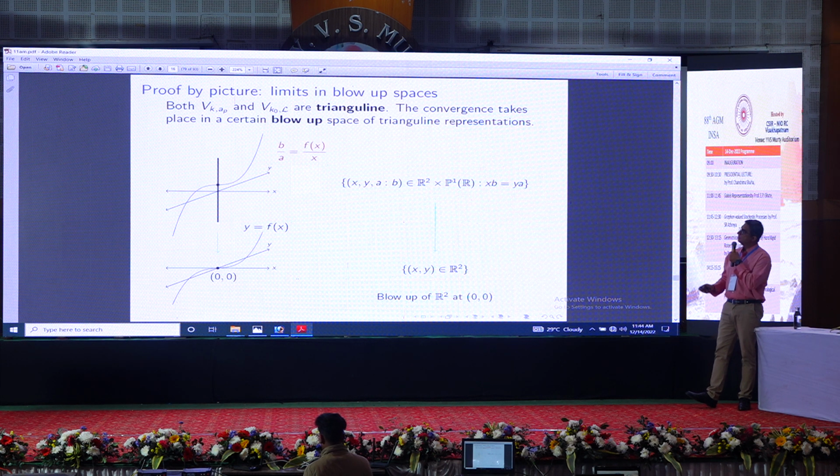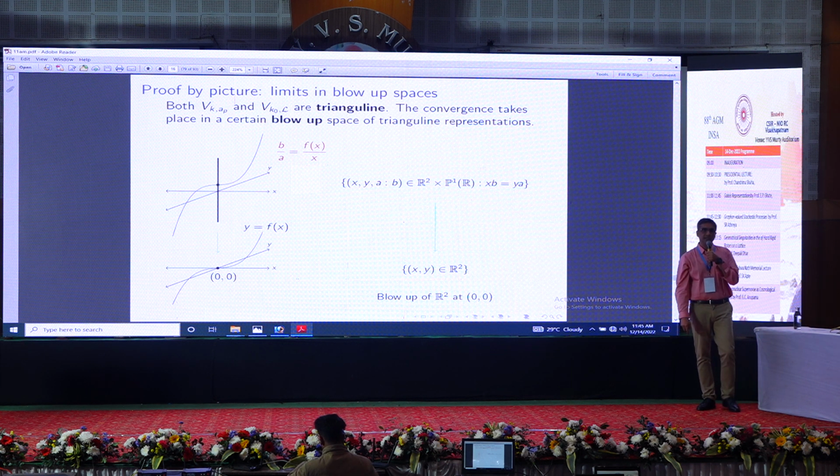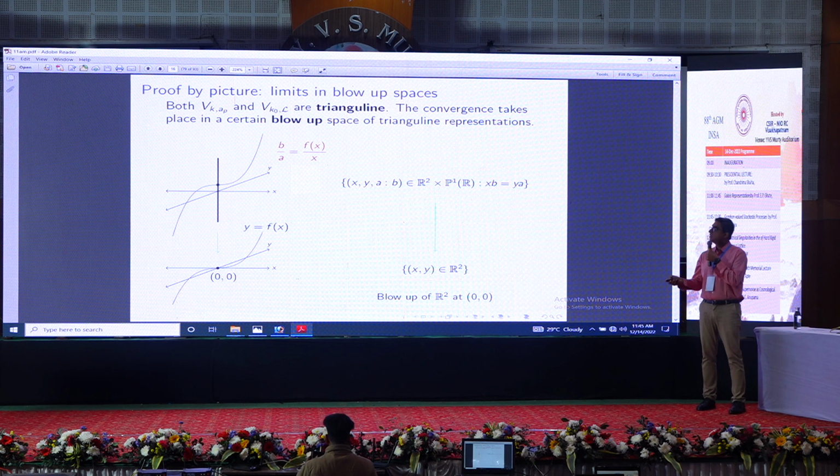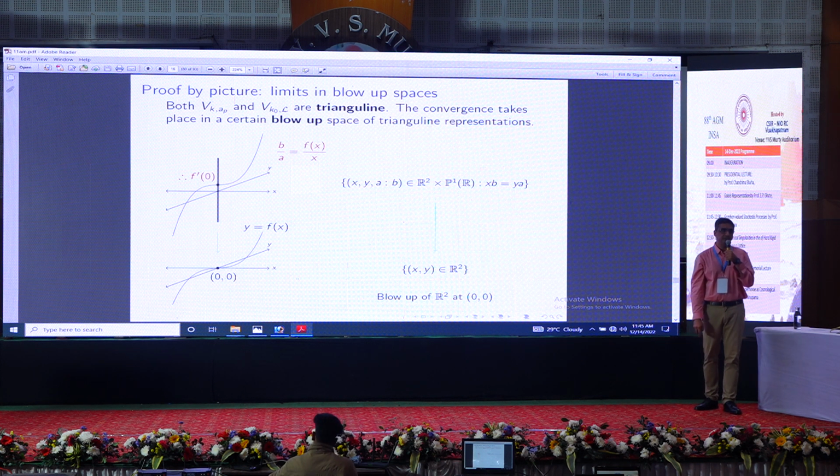What is that point? Well, we know that b over a has to be y over x by this equation. So in this particular case, it will be f of x over x. And you can see as x gets closer and closer to 0, that's just taking a derivative, right? So b over a is basically just the derivative.